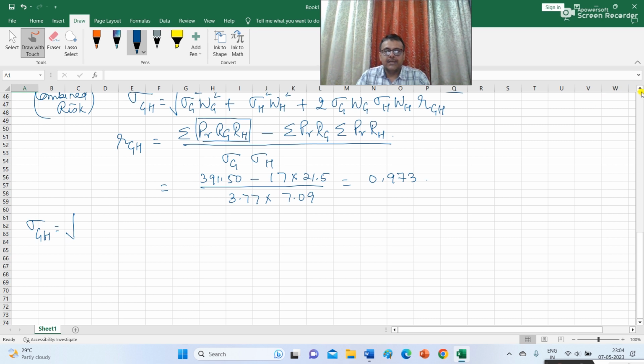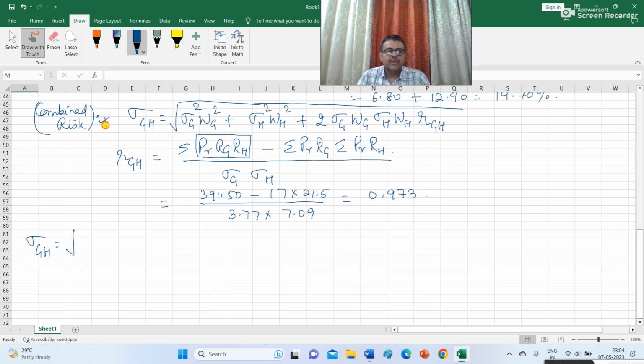Now we are going to calculate sigma GH. So you just write the values in this equation. Sigma G square is 3.77 square multiplied with 0.4 square, then 7.09 square multiplied with 0.6 square, plus 2 into 3.77 multiplied with 0.40 multiplied with 7.09 multiplied with 0.60, then multiplied with the correlation coefficient 0.973.